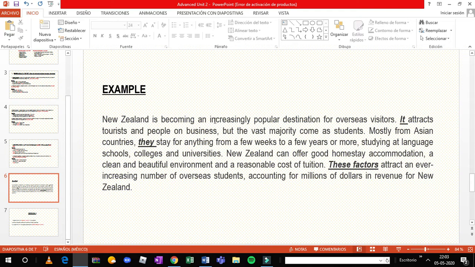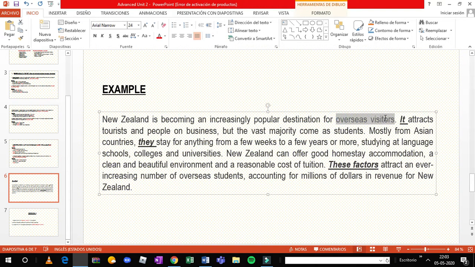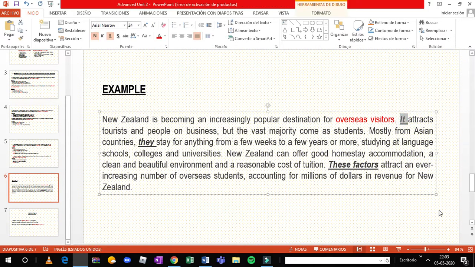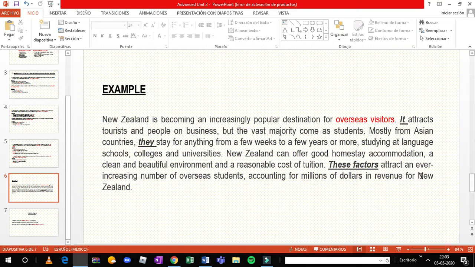New Zealand is becoming an increasingly popular destination for overseas visitors. We immediately discard overseas visitors, for example, because it's plural. In this case, it, you always know that it refers to just one thing. Okay? So that is discarded.